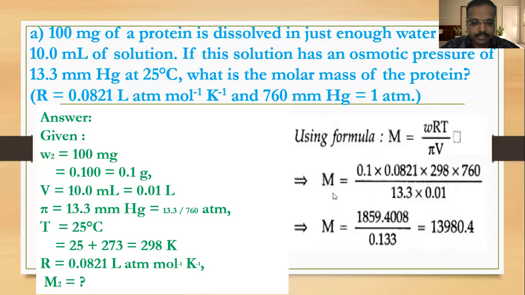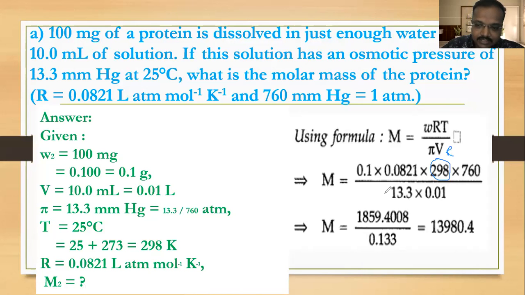On substituting, we have 0.1 gram, into the gas constant R value 0.0821, then temperature 298 Kelvin, isn't it? So that value 298 Kelvin we have put, as well as the R value.